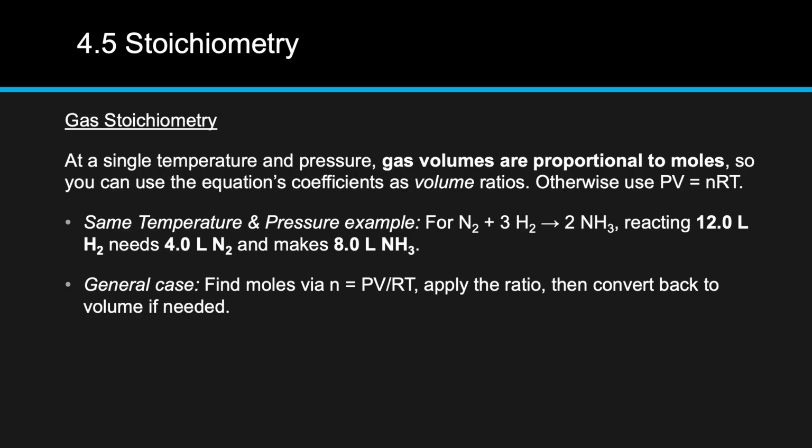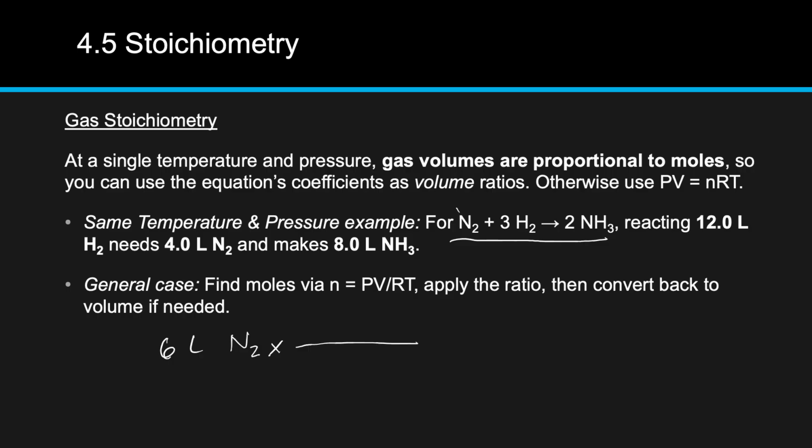So for example, if we have this N2 plus 3H2 react to form 2NH3, and let's say we had 6 liters of N2 and you wanted to find out how many liters of NH3 you would make, you can use the balanced chemical equation just like you would for the mole ratio as a volume ratio.